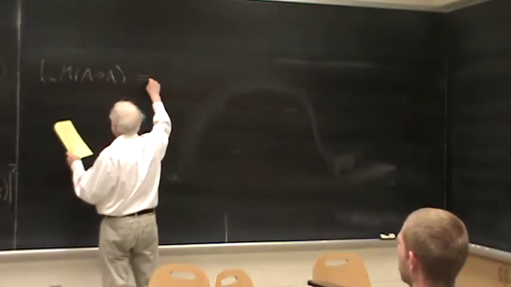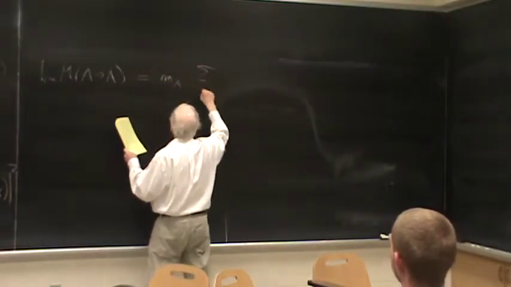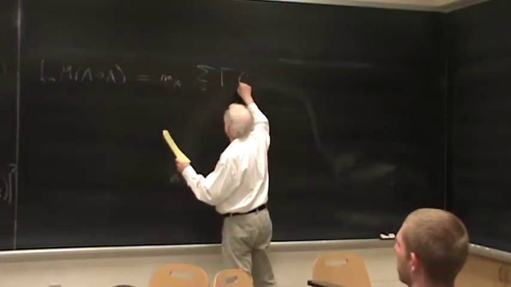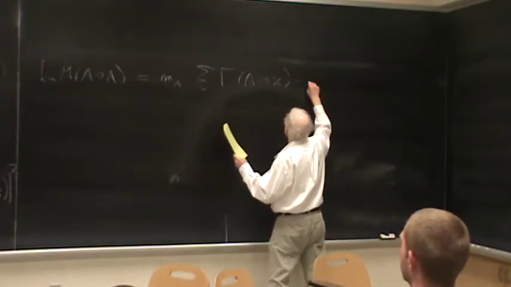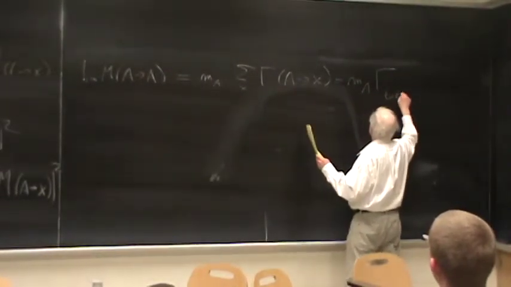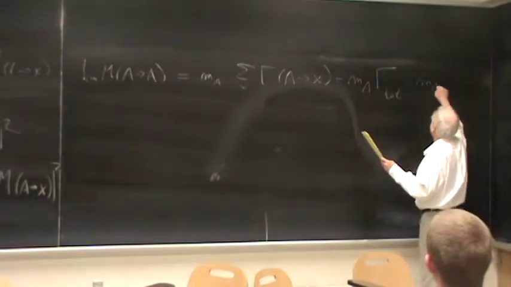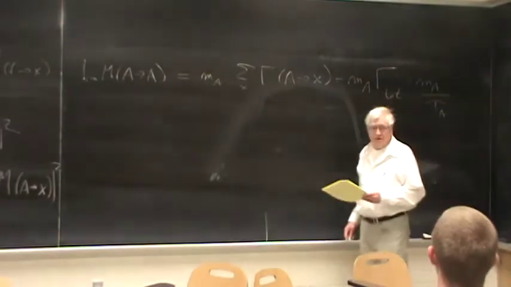Or the imaginary part of the propagator is equal to m_A, sum over X, decay rate of A goes to X, and so this is just m_A times the total decay rate, or m_A over the lifetime of particle A.